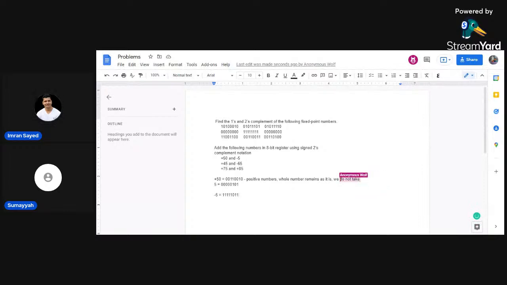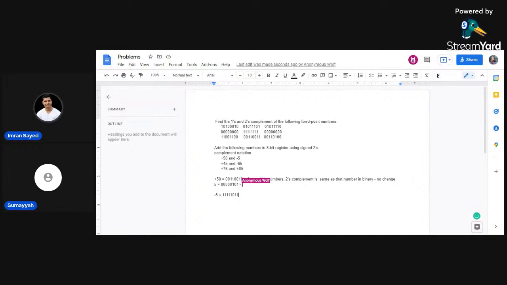The two's complement is the same as whatever that number is for a positive number. See now what I've written here. For positive numbers, two's complement is the same number in binary. No change.